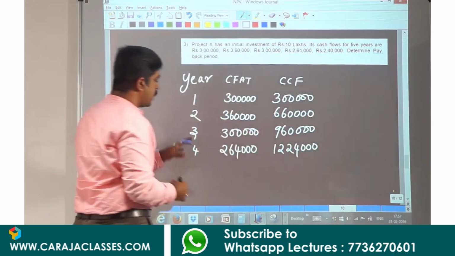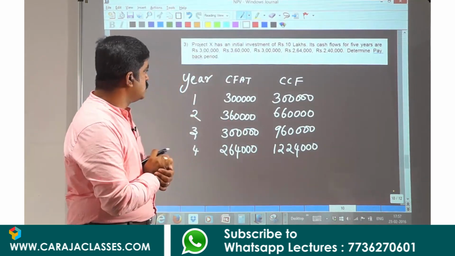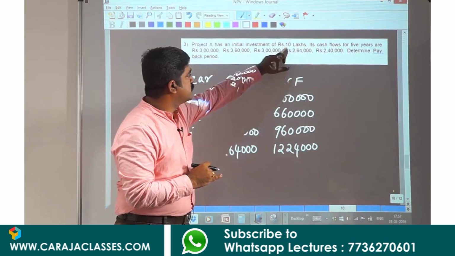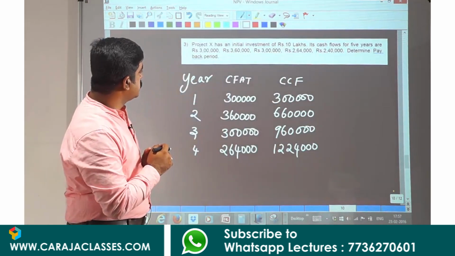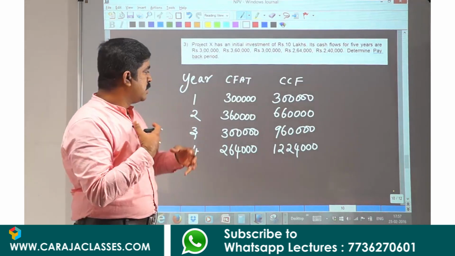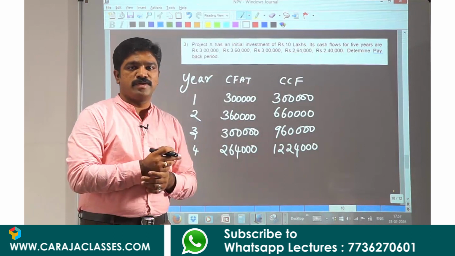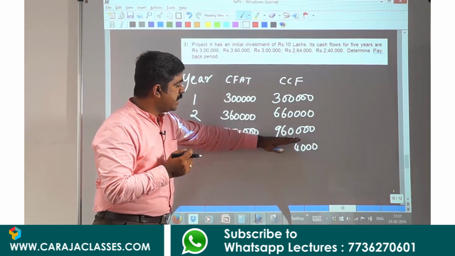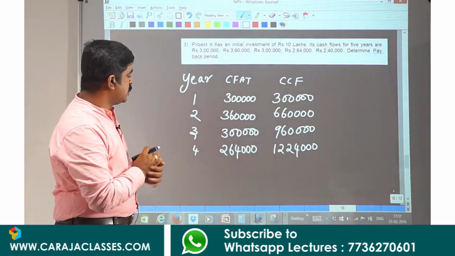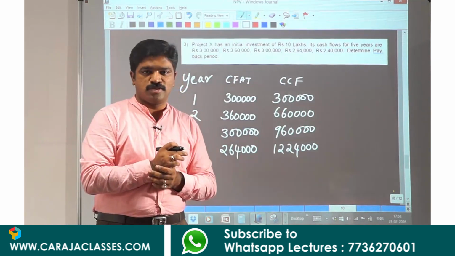So now I need not go for the 5th year calculation. Why? Because my initial investment is 10 lakh and I'm concerned about the payback period. Payback period is nothing but the period or time taken for my cash flows to recover my investment. Up to year 3 I have recovered 9,60,000. So I understand between year 3 and 4 the remaining 40,000 is also recovered.